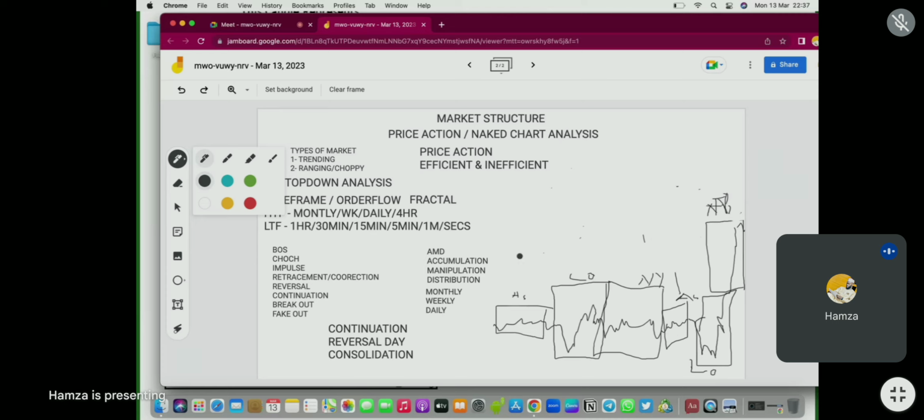So this is impulse, correction, impulse, break of structure, correction or retracement, impulse or continuation, and again and again. Between them is BOS. So this is a structural low, structural high, structural low, structural high, and so on.